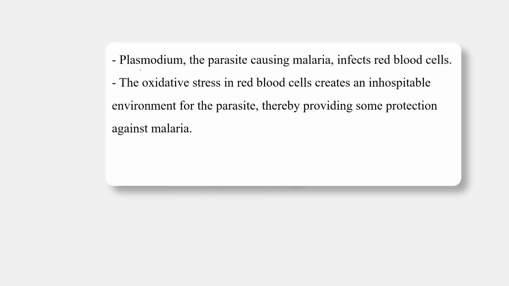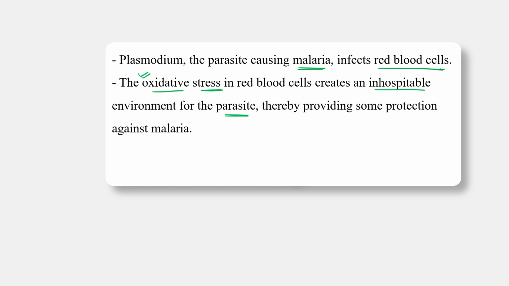So this plasmodium, which is a parasite mainly causing malaria, actually infects RBCs, and after the infection oxidative stress occurs in the RBC, which causes an inhospitable environment for the parasite.